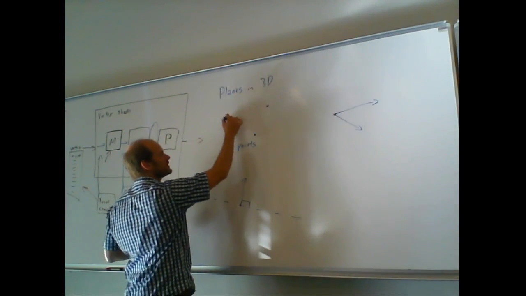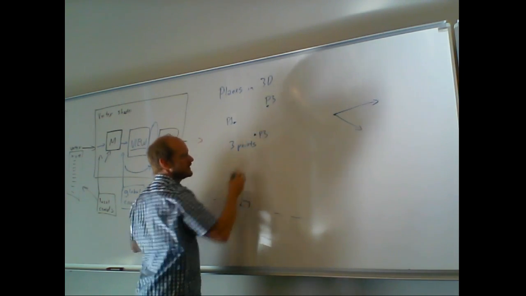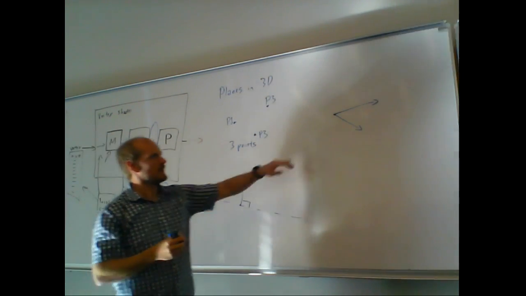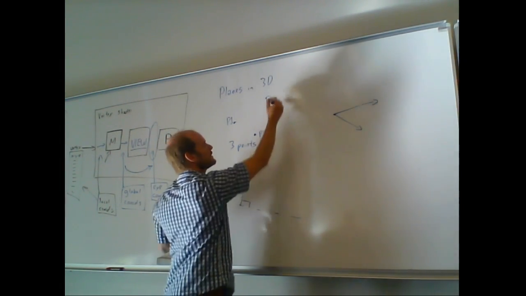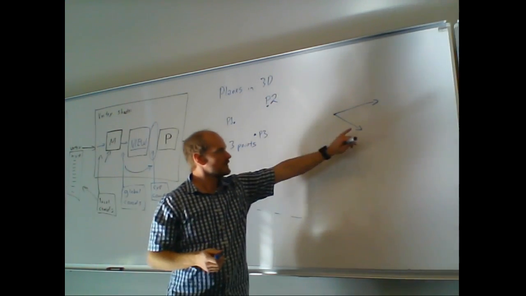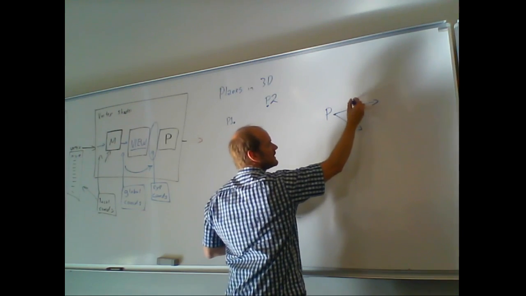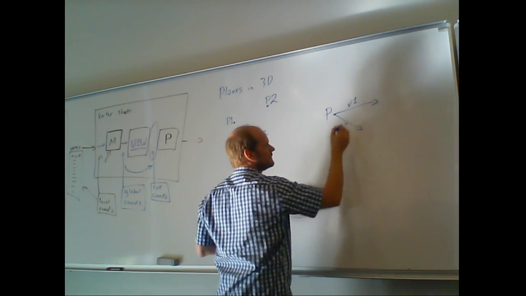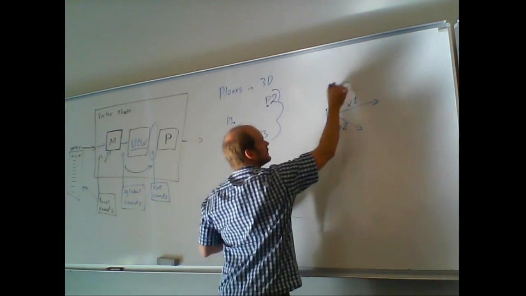Let's call these points here P1, P2, and P3. And let's say here I have the point P and the vector V1 and the vector V2. How can I change from this representation to this representation?